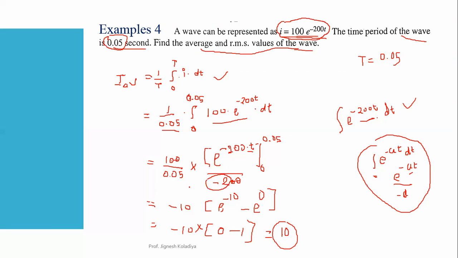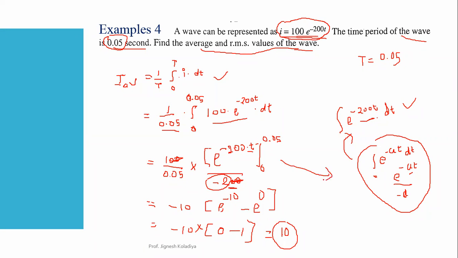So I am applying this formula: e raised to minus 200 into t, from 0 to 0.05, divided by minus 200.